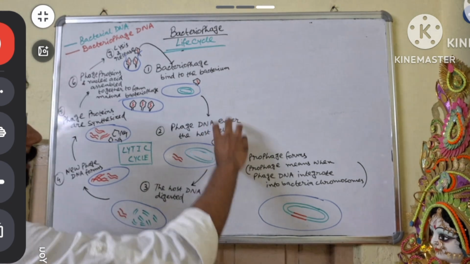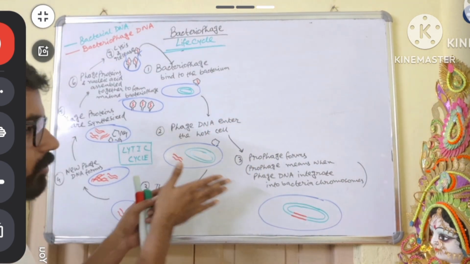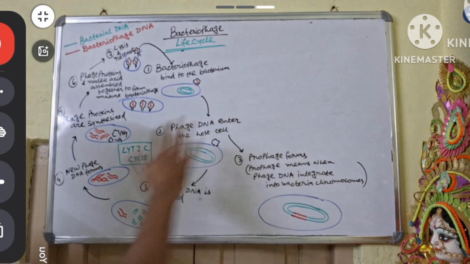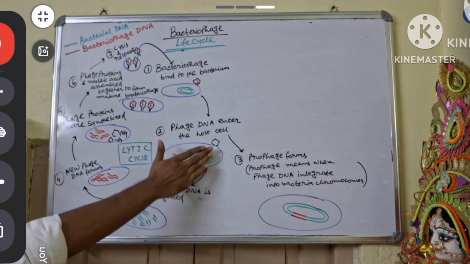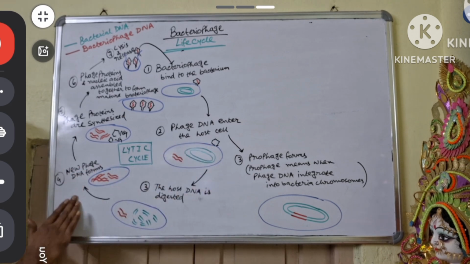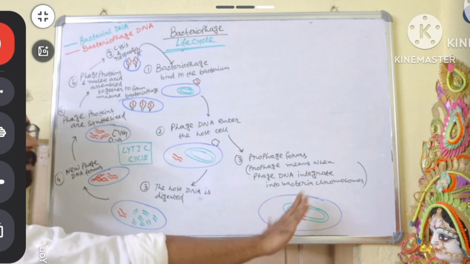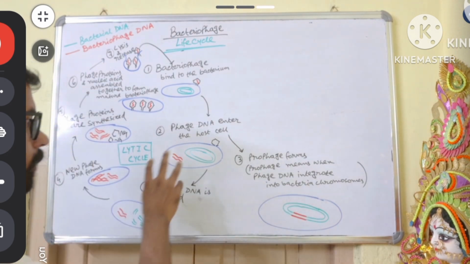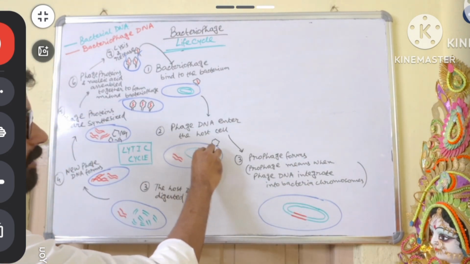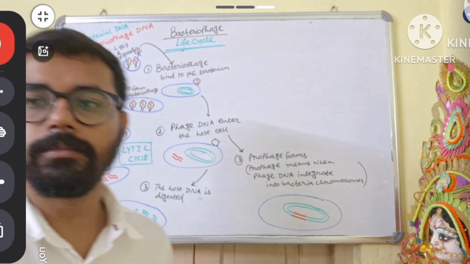So from that point, the third point is actually different between lytic and lysogenic. In the lytic case, the DNA is digested and new phage particles are produced, but in the case of lysogenic, no DNA is degraded, only the bacteriophage DNA is integrated into the host DNA.